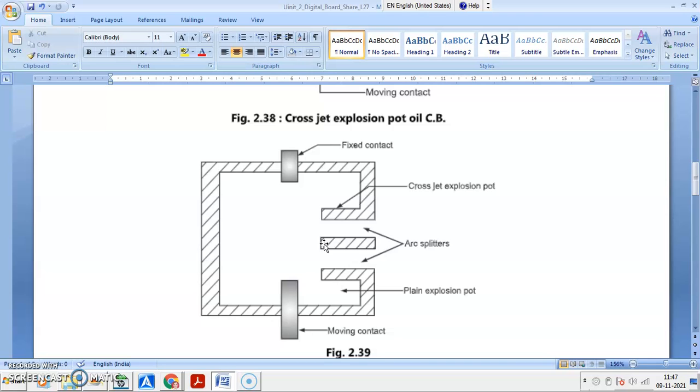It is a combination of plain and cross jet, so this is an advanced version. Under normal operating condition the situation is the same: the moving contact is closed with the fixed contact, but when a fault occurs, the moving contact gets detached from the fixed contact and an arc is struck between the fixed and moving contact.